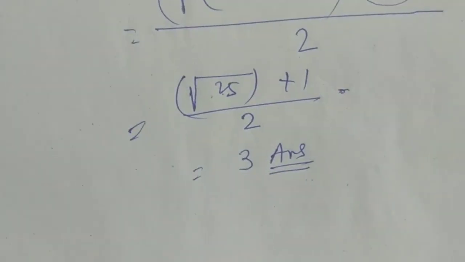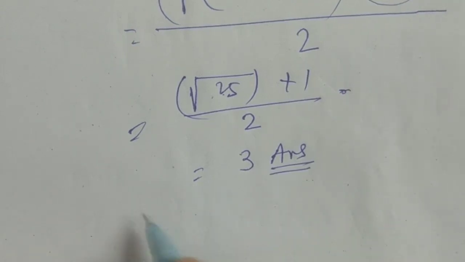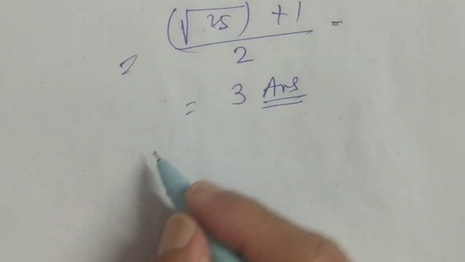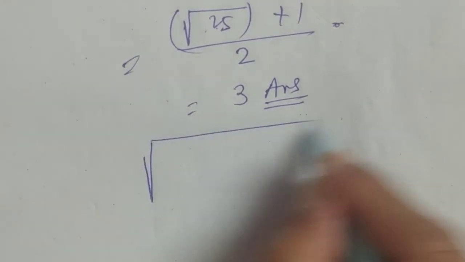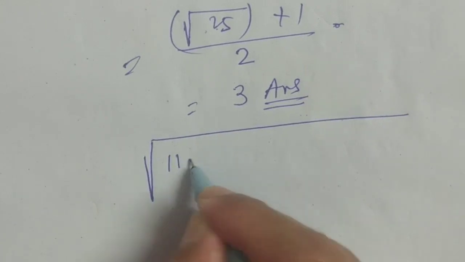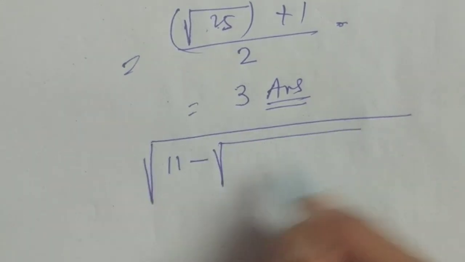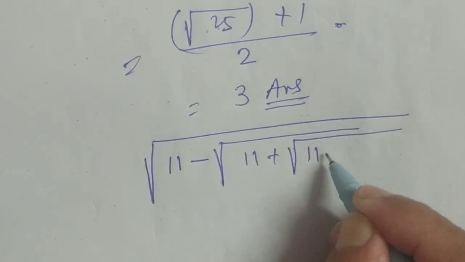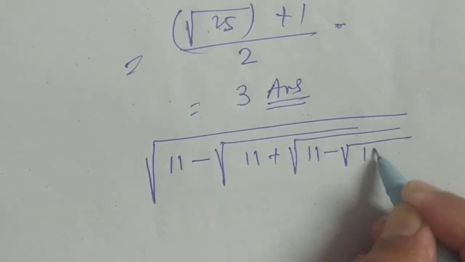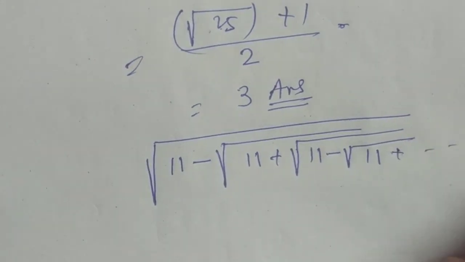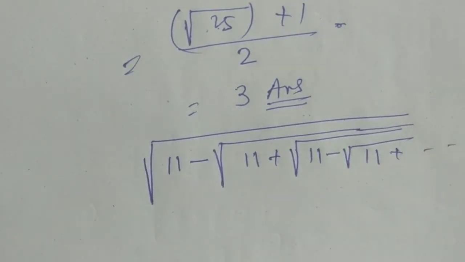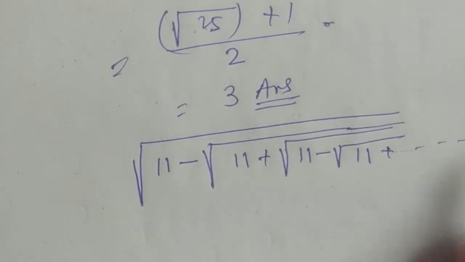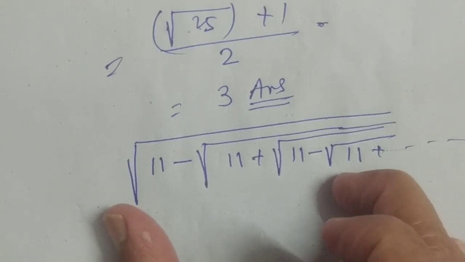And if the question is like this: root over 11 minus root over 11 plus root over 11 minus root over 11 plus, up to infinity. So what is the answer here?